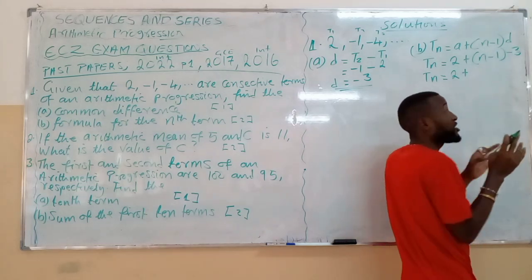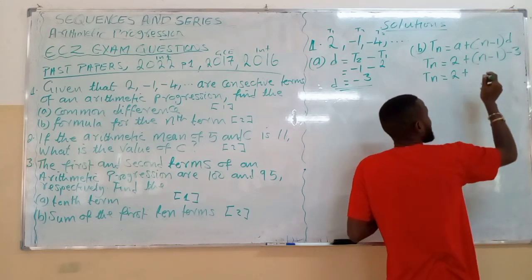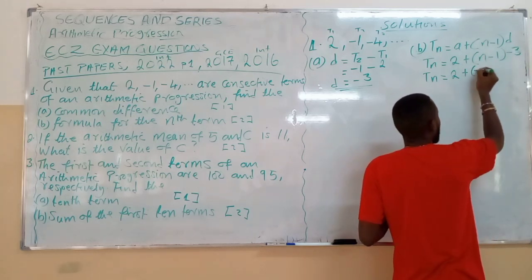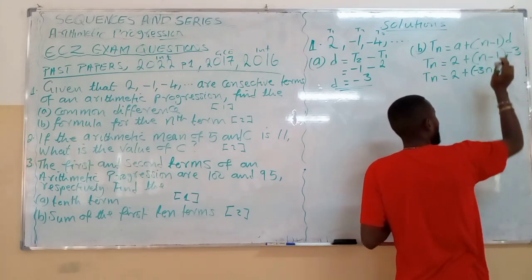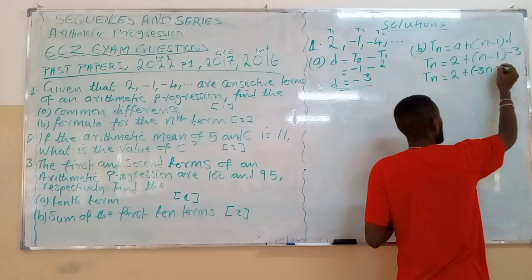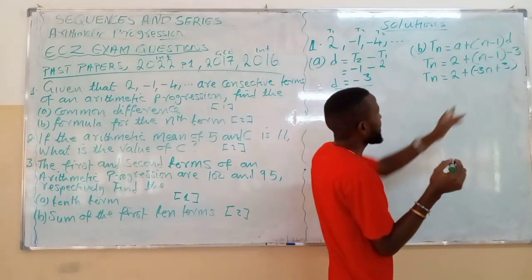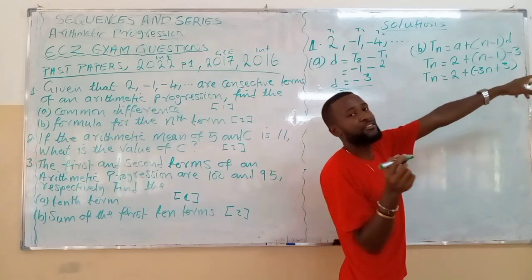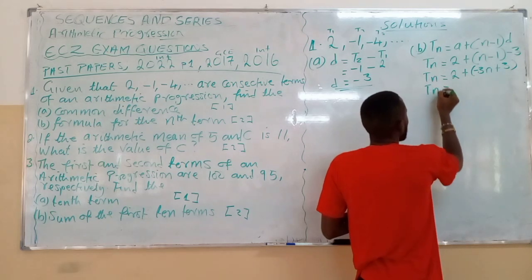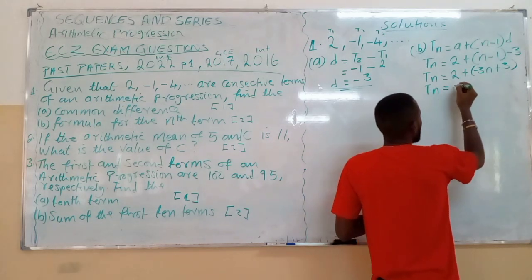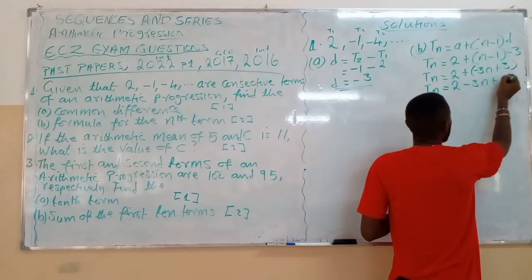We are distributing -3 inside the bracket. -3 multiplied by n gives -3n. -3 multiplied by -1, negative times negative, gives +3. So the nth term is 2 minus 3n plus 3.